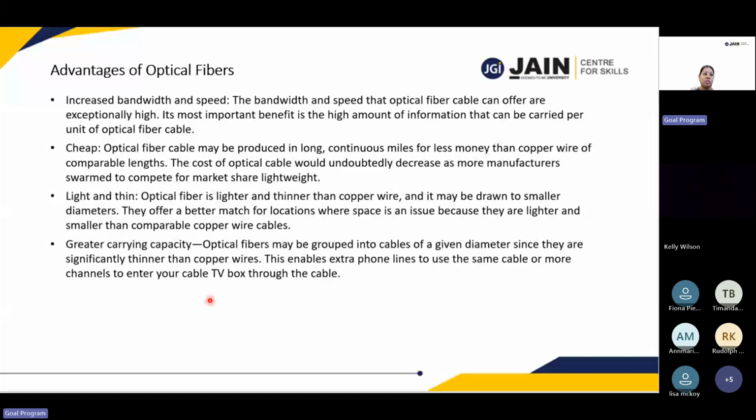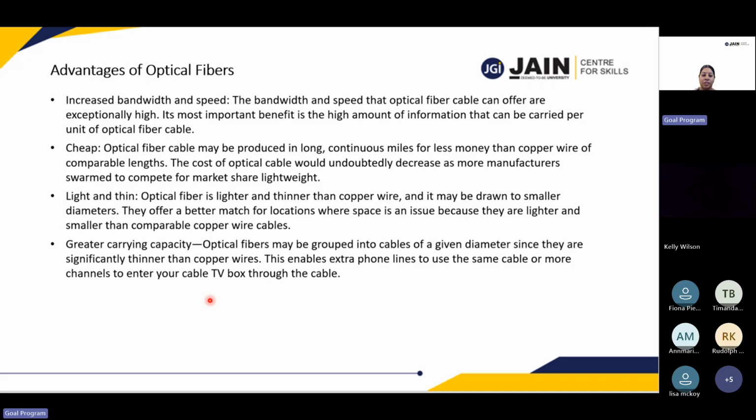Obviously, if I have very little space and I have to install fiber optic cable in those areas, it can be accommodated because it is thinner and lighter.